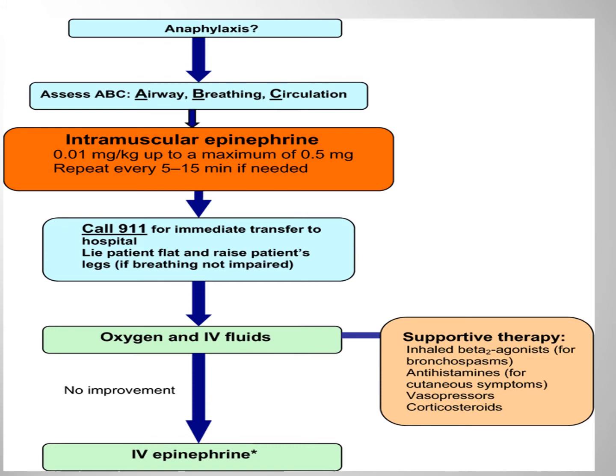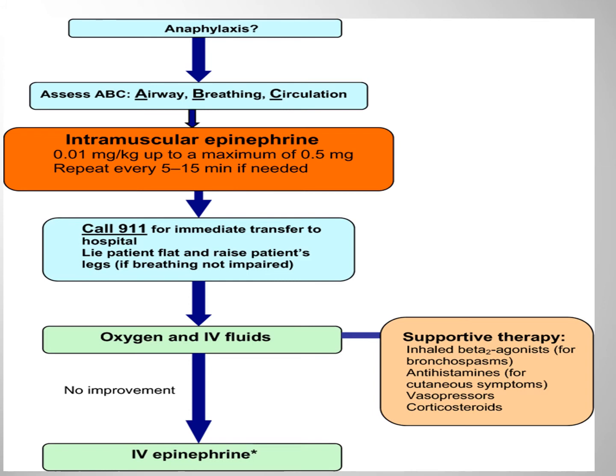So lying patient flat, well, that's just so that you don't get them up and their blood pressure plummets. Raising the patient's legs, again, that's to increase blood return back to the heart. So you're raising the legs to drain the legs of blood to get it back into the systemic venous system.